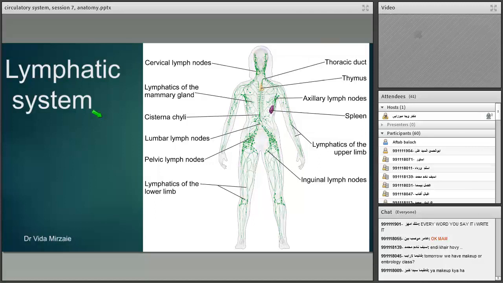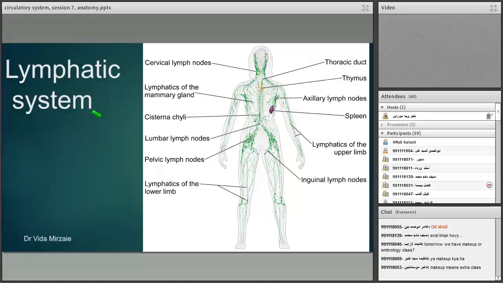The arteries are carrying the oxygenated blood, the blood with O2, with oxygen, to body tissues, and the veins are carrying the blood from tissue to the heart, and the blood which is in the veins is the deoxygenated blood. Okay?